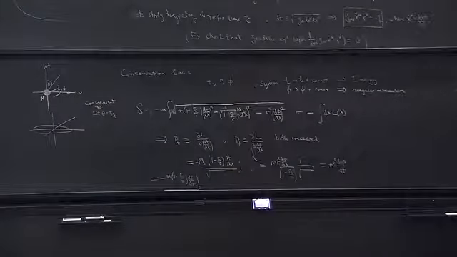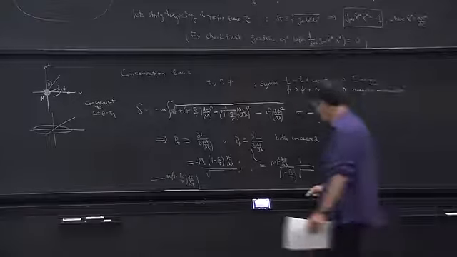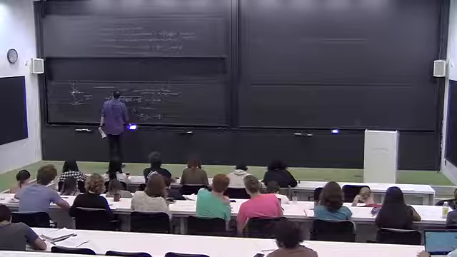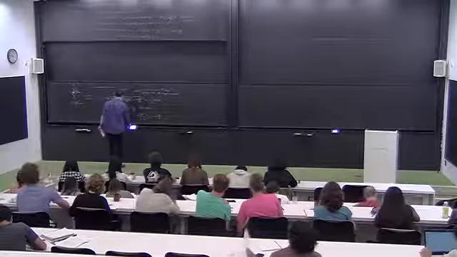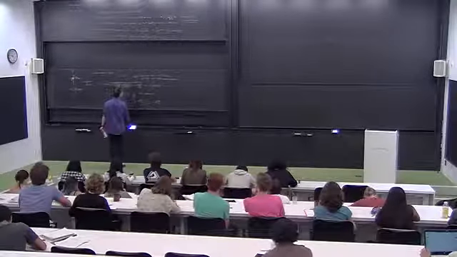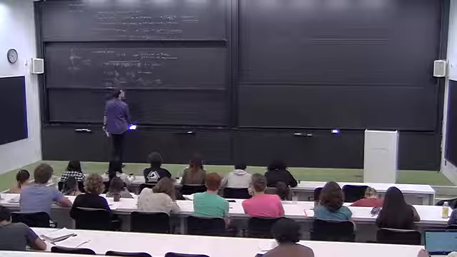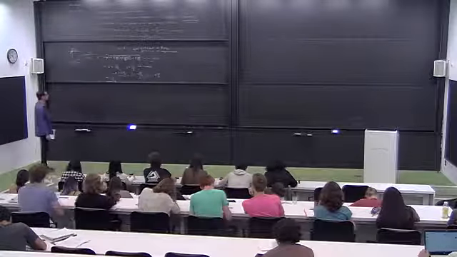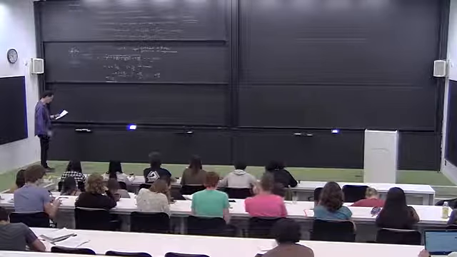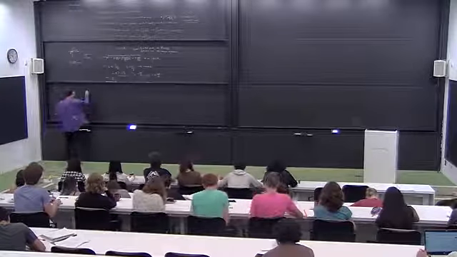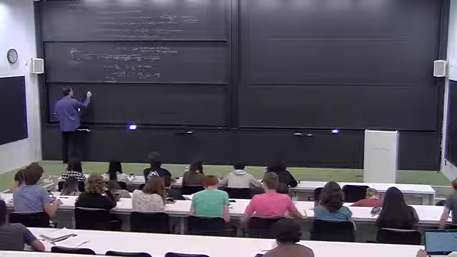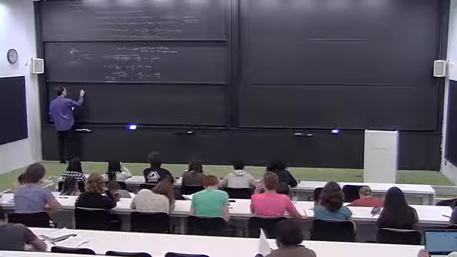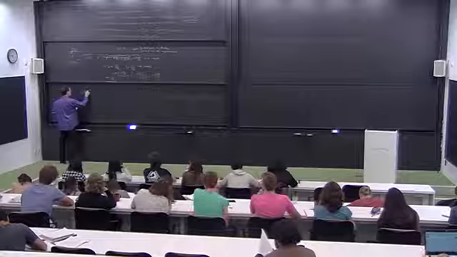Okay, so given any action, it's usually easy to read off what the conserved quantities are by seeing the symmetries. And then we can just use them, and we don't have to bother with the geodesic equation. So let's write down the constraint. g mu nu x dot mu x dot nu equals minus 1.